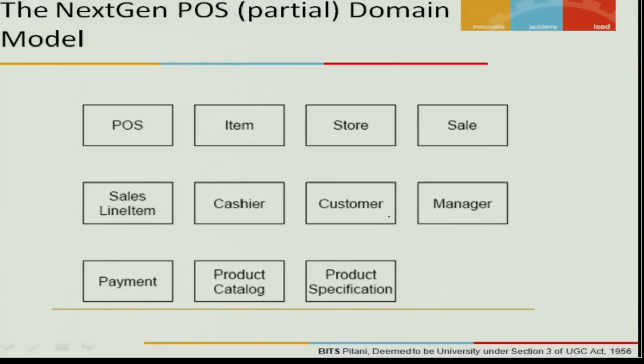On a sample basis, in the POS system, these different items can be identified as domain concepts. In this way, you can identify domain concepts using the noun phrase analysis technique, using the fully dressed use case.